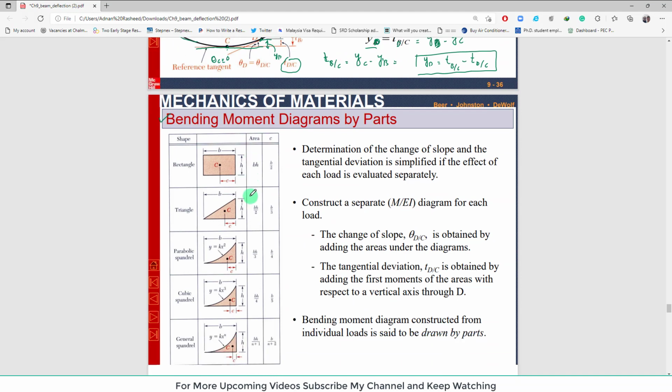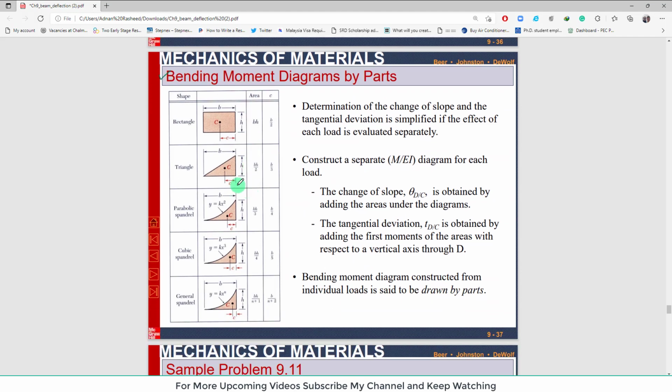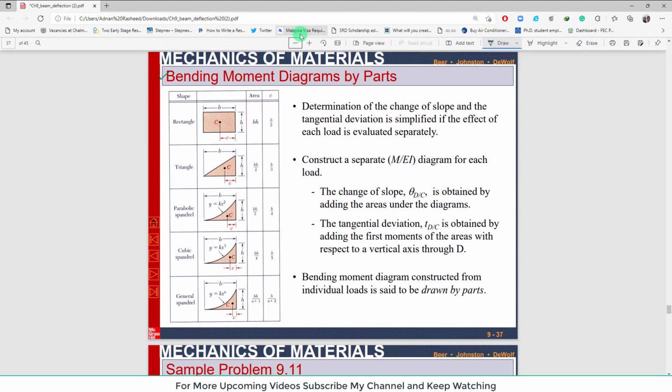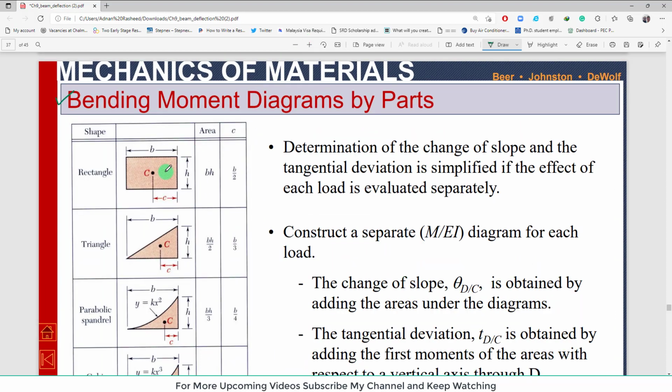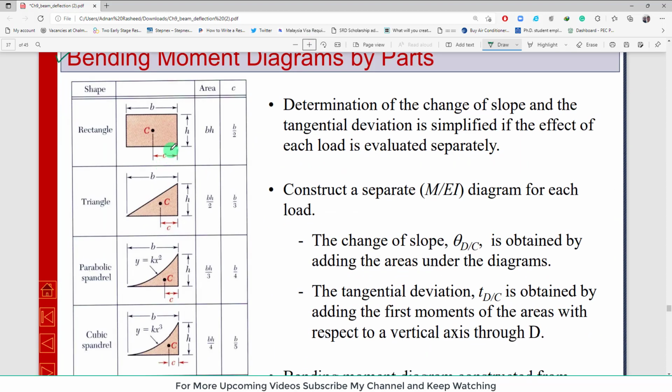So here we have certain standard shapes, and their area is also given, and the distance of the centroid from the vertical line is also given. The first two columns are about shape, the third is area, and the fourth is the location of its center from this vertical line.